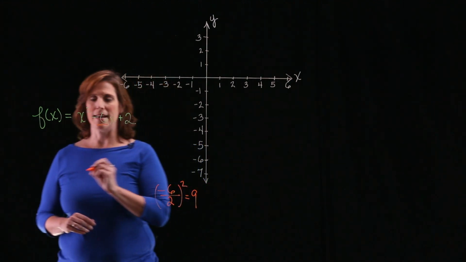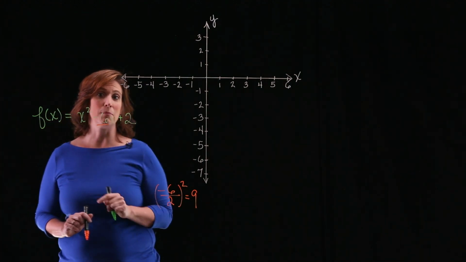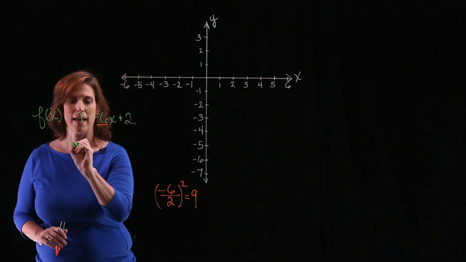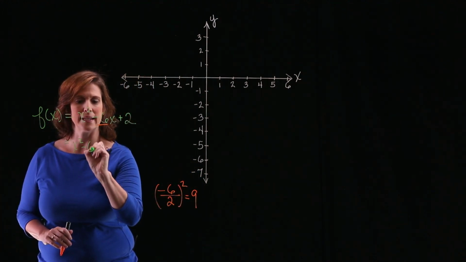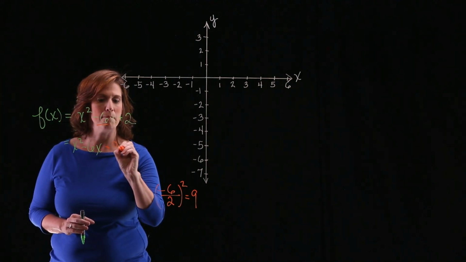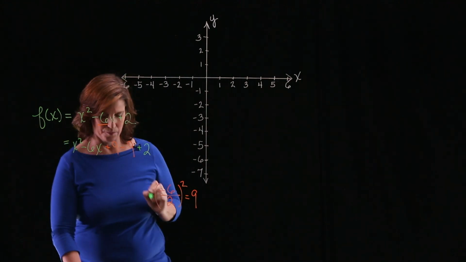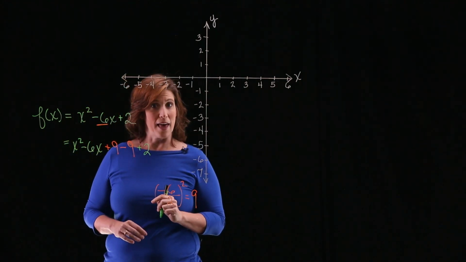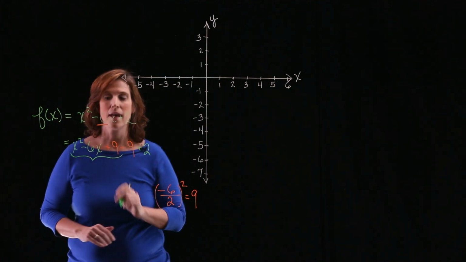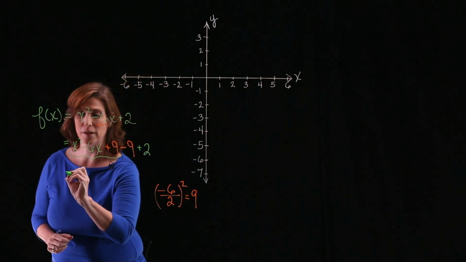Now, what are we going to do with that 9? Well, we're going to add 9 and subtract 9 to my function, so I haven't changed anything. This will look like x squared minus 6x plus 9 minus 9 plus 2. Now, why would I want to do that? Well, if you look at these first 3 terms, when I group them together, I can factor them into a perfect square.